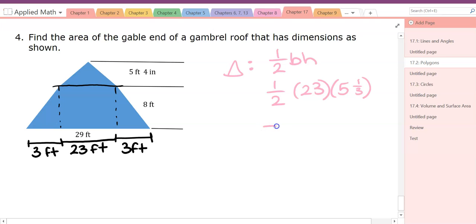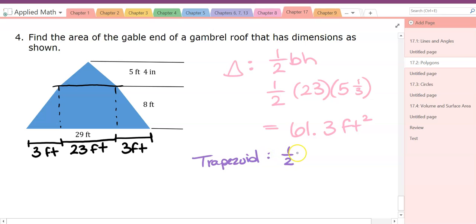Okay, and so this is going to come out to be what? Point what? Okay, so I'm just going to round it to 0.3 feet squared. Now let's do the trapezoid. So we're going to do 1/2.